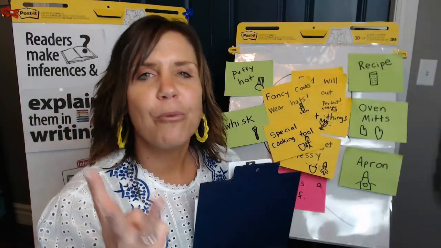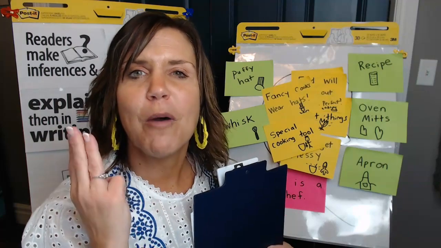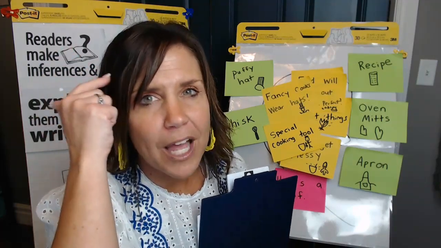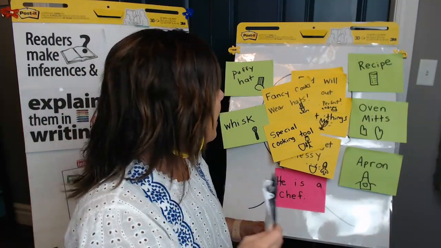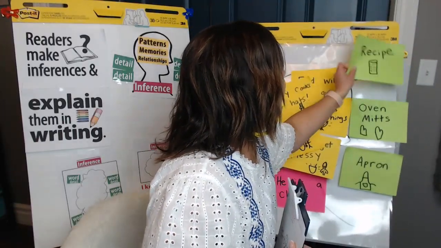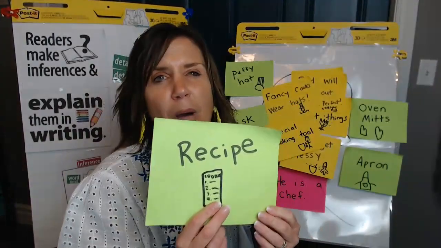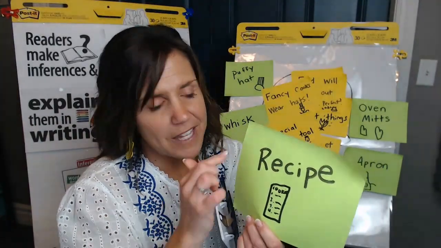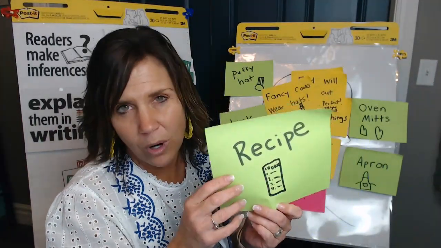And I picked 3 details that I thought were the most important that helped me to come up with that he was a chef. I thought number 1 was recipe. Most times when I think about a cook, I think about him following a recipe and going in order.